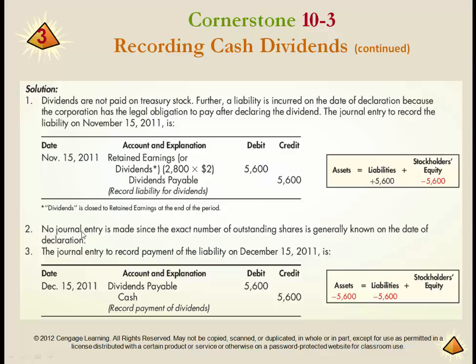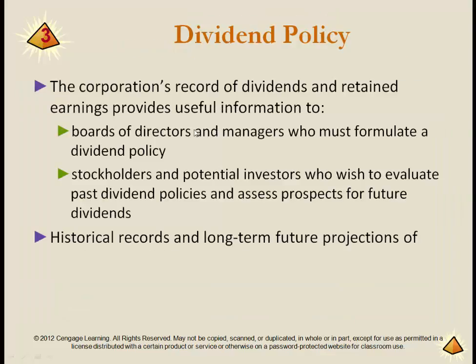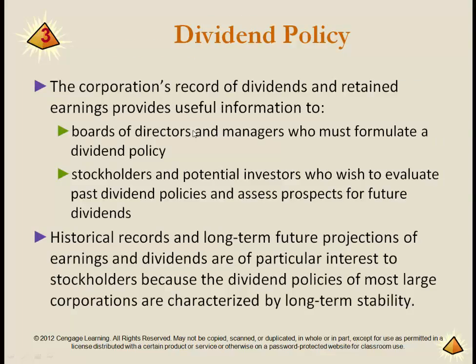All they're doing is checking to see who owns those shares and who's going to have the right to get that distribution. Then finally, on the payment date, you're canceling out the liability that you established up here. You're debiting the liability and you're sending out cash. Pretty straightforward. And you notice dividends are not paid on treasury stock, and that's an important thing.